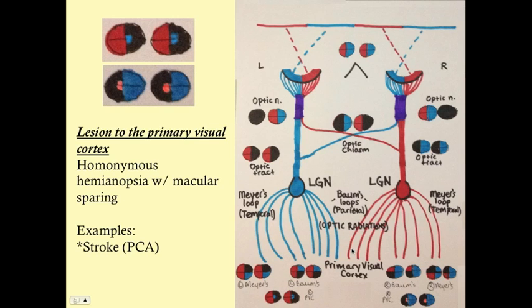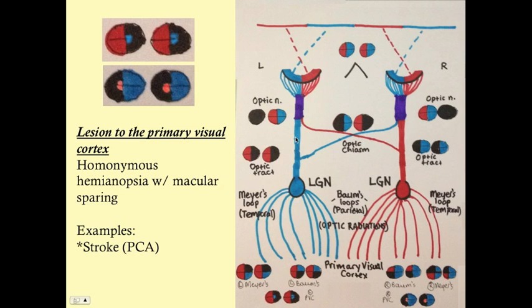Macular being the middle part of your visual field. So if you have a PCA stroke to your left visual field, you will lose all of your right visual field except for the little bit in the middle. And then the same on the right. You lose all of your left visual field, but a little part in the middle. And that's different from an optic tract lesion, where you would lose all of your visual field, including the macular part.